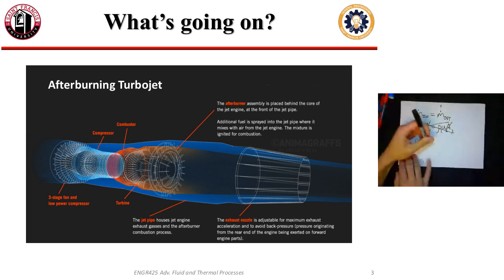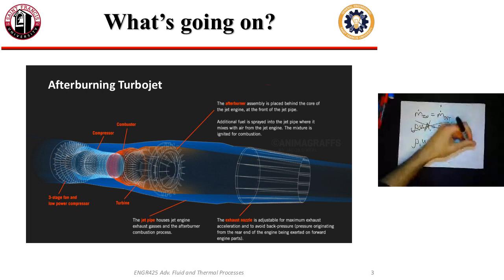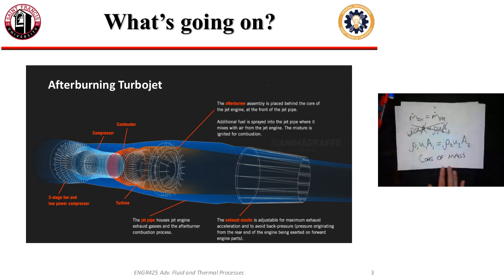So we have to say density times velocity times area at state 1 is density times velocity times area at state 2. That's now our expression for conservation of mass through a nozzle. All right.